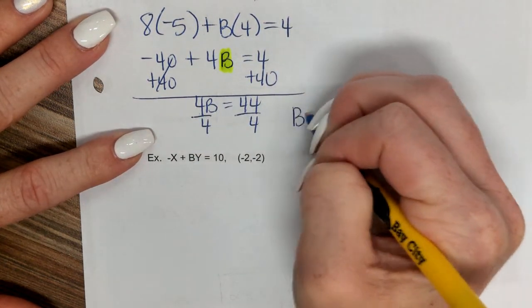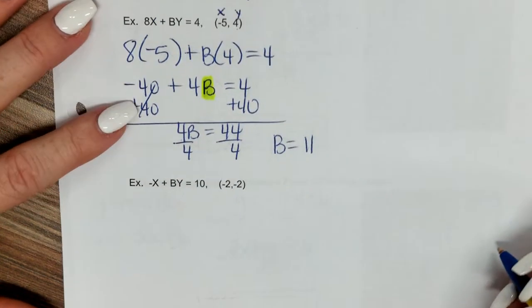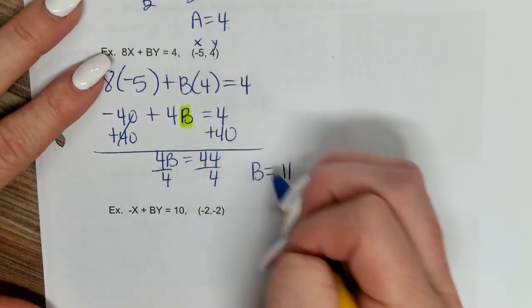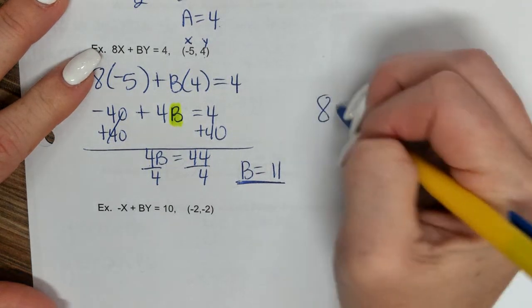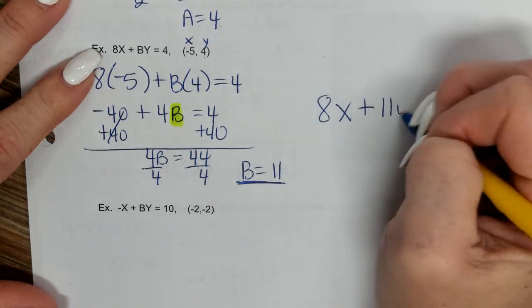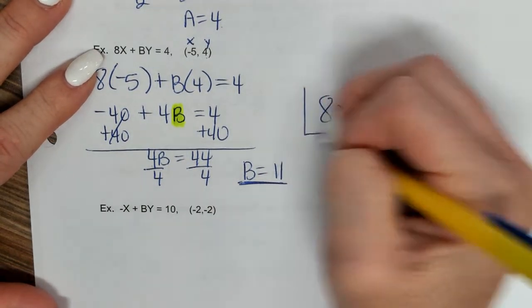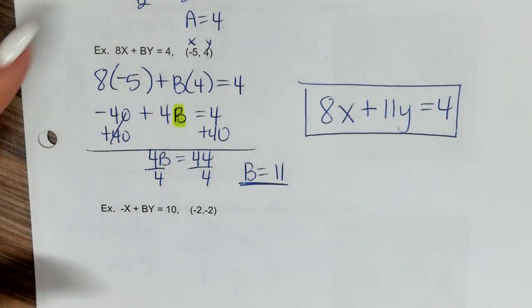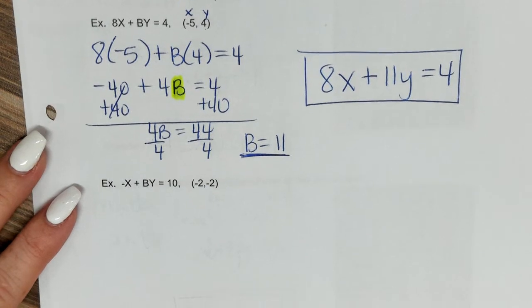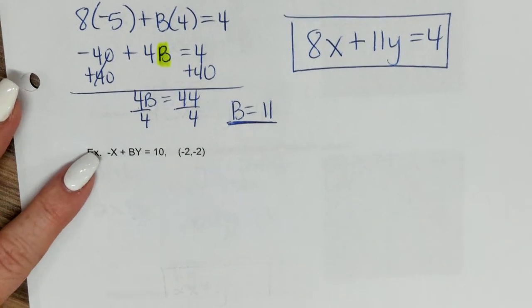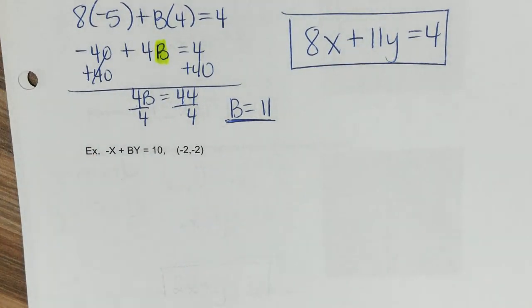And so what is b? All right, now I write my equation with this plugged in for b. So I have 8x plus 11y equals 4. Last one, do it on your own. What is the coefficient in front of the x? Negative 1.